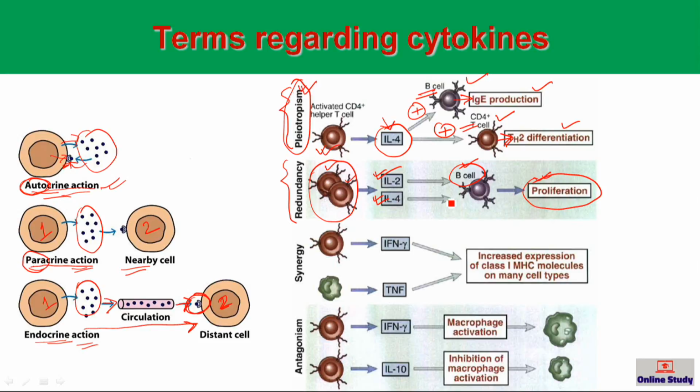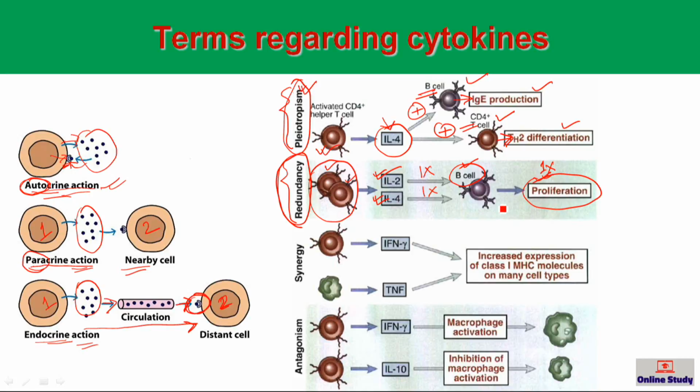So the action of these IL-2 and IL-4 cytokines is called redundancy. It also means that when IL-2 and IL-4 bind to the B cell, the total amount of proliferation is not greater than the total effect of single IL-2 or single IL-4 binding to the B cell separately.